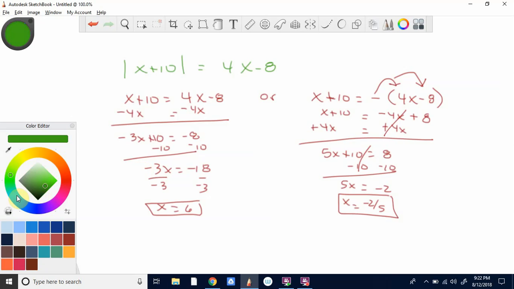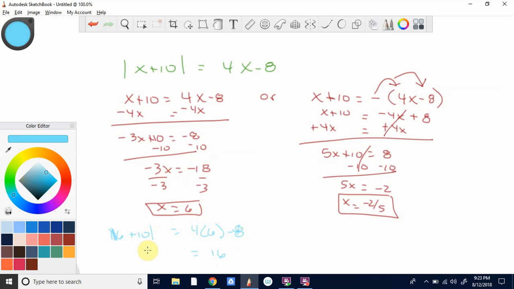So I'm going to plug this back in here. So the absolute value of 6 plus 10 equals 4 times 6 minus 8. So that's 24 minus 8, which is going to give me 16.